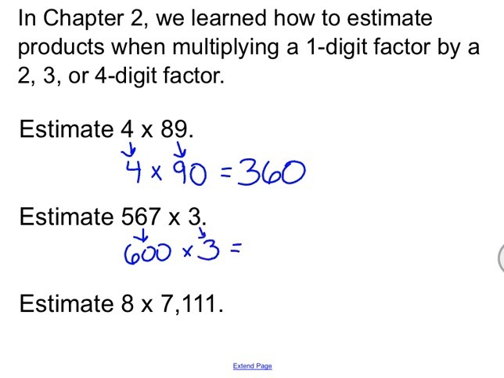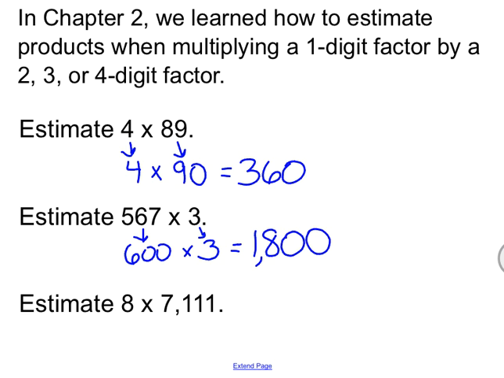And I do the basic facts. 6 times 3 is 18. But this time I have 2 zeros, so 2 zeros will go to the end of the product of 18. So 567 times 3 is approximately 1,800.